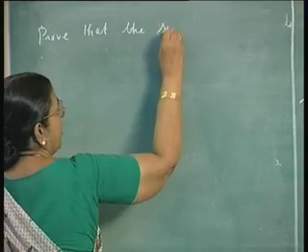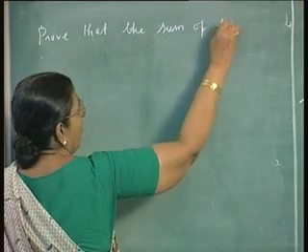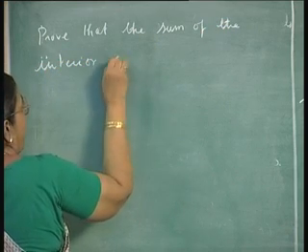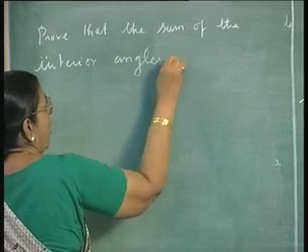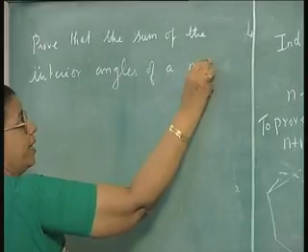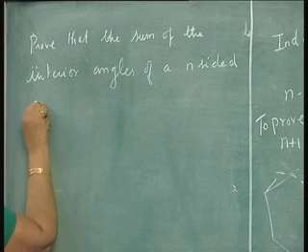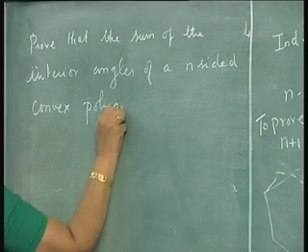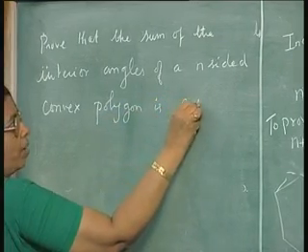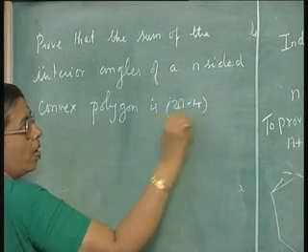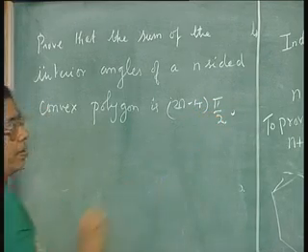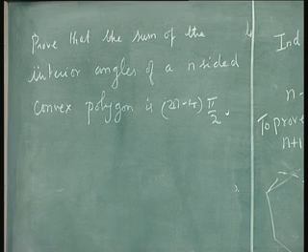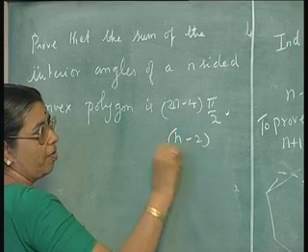Prove that the sum of the interior angles of an n-sided convex polygon is 2n minus 4 right angles, that is, 2n minus 4 into pi by 2, or you can write it as n minus 2 into pi if you want.